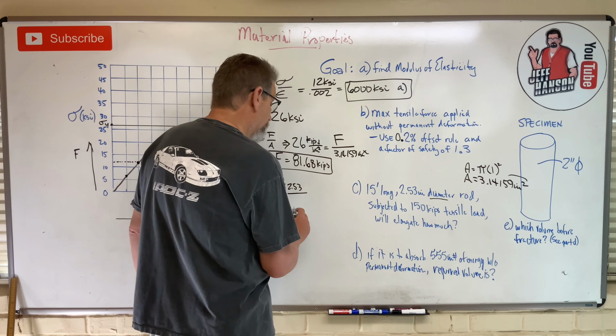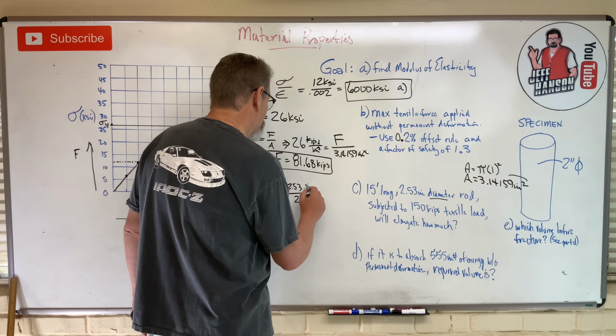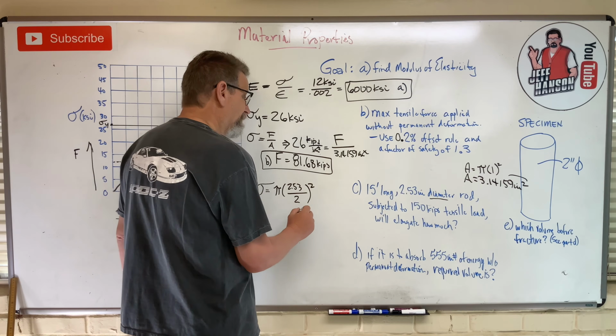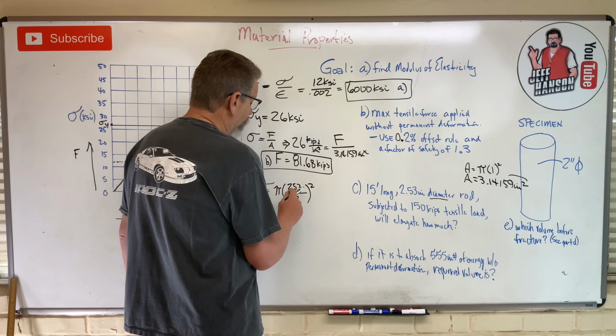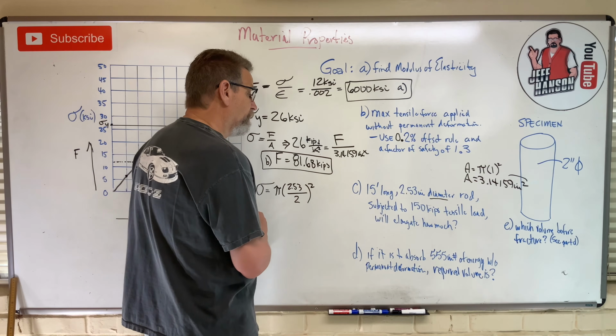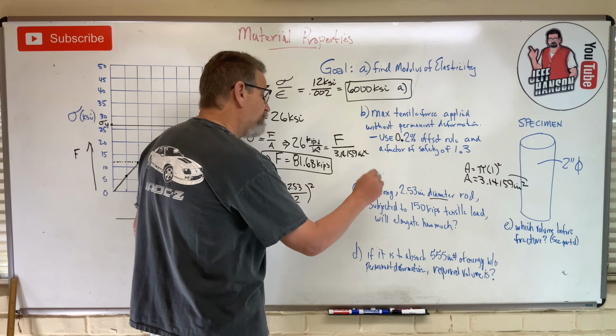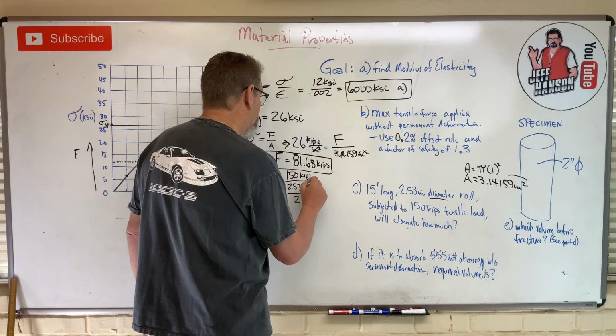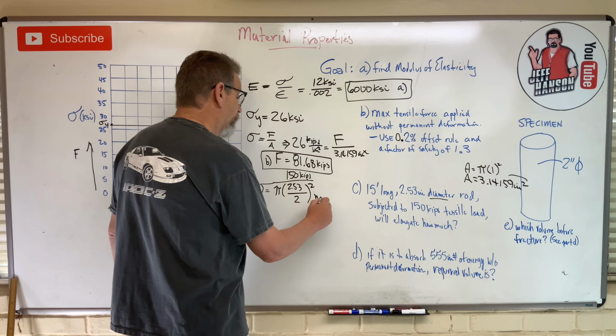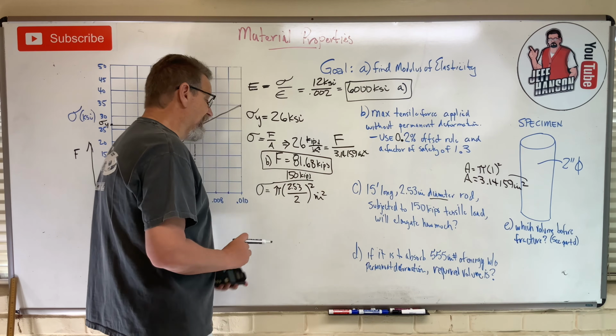About 1 million, okay? Divided by 2 squared. So pi r squared, that's the area, right? And then what is the area? What is that divided into? Subjected to 150 kips. 150. Okay? And that's going to give us kips over inches squared or KSI.